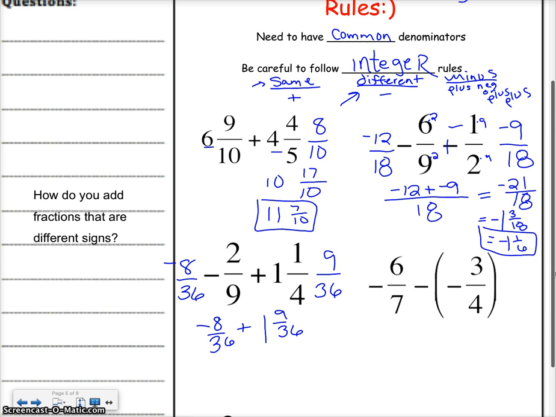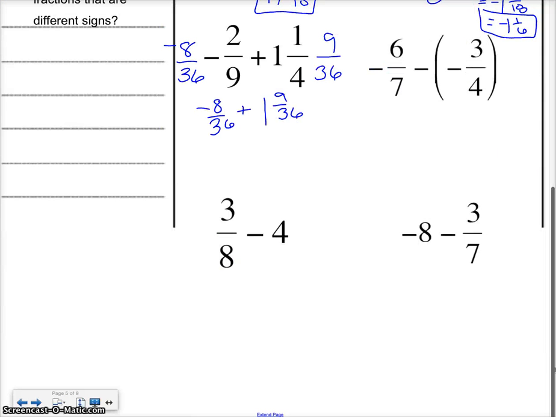The bigger absolute value, take away the smaller. So what I have to do here is 1 and 9/36, take away 8/36, which is what? 1 over 36. 1 minus 0 is 1. I have more positives, so it's 1 and 1/36.